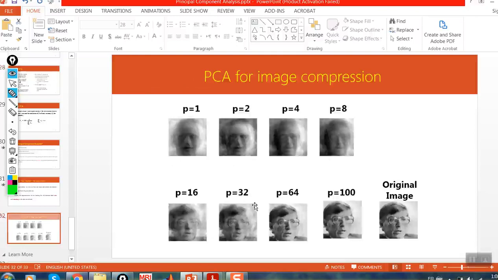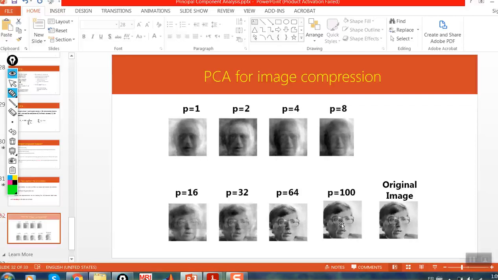Okay? And then if we reconstruct the images using only one eigenvalue, it is like this. It is not clear. If we consider only two eigenvalues, this is related here. 8 is related like here. 100 is related like this.